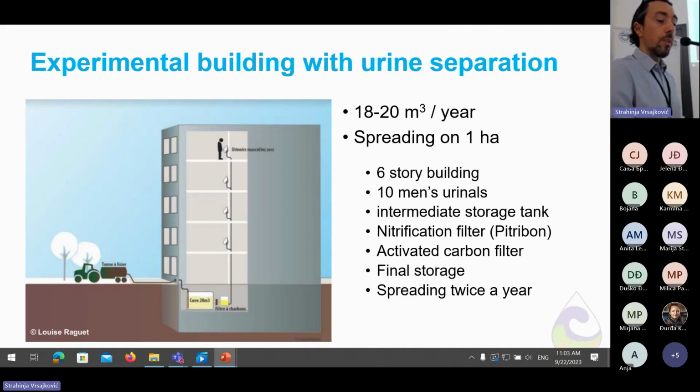So there is a first experimental building that has been built with urine collection and some treatment also, a bit like in the Eawag building, with nitrification filters and activated carbon to remove micropollutants and pharmaceuticals. And then there's the final storage, and the farmers are going to take urine from this storage and spread it on their fields twice a year.